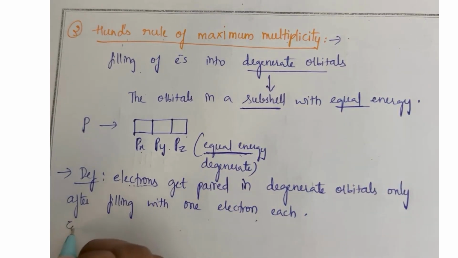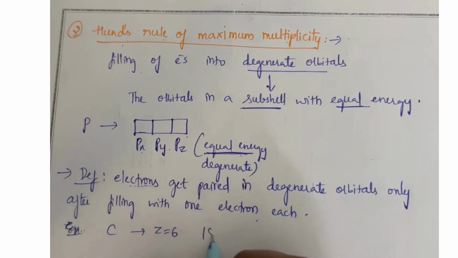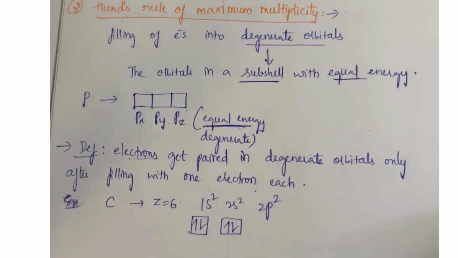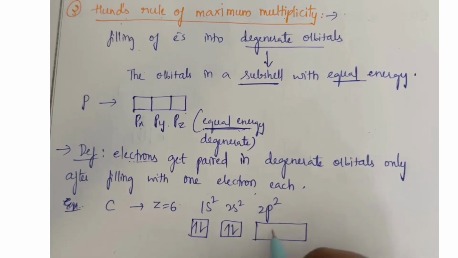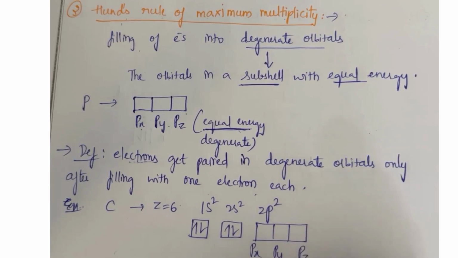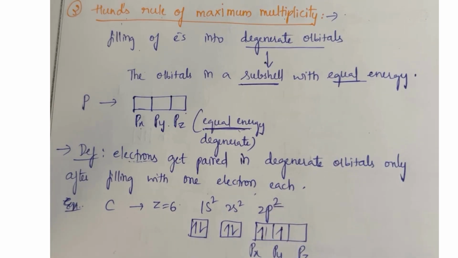For example, if you consider carbon, atomic number is 6, electronic configuration is 1s2, 2s2, 2p2. Obviously, 1s and 2s have only 1 orbital, so you don't have any problem. But if you consider 2p, it has 3 p orbitals, all degenerate: px, py and pz. There are 2 electrons. Those 2 electrons can either enter into 1 orbital to get paired up, or they can enter 1 electron each.